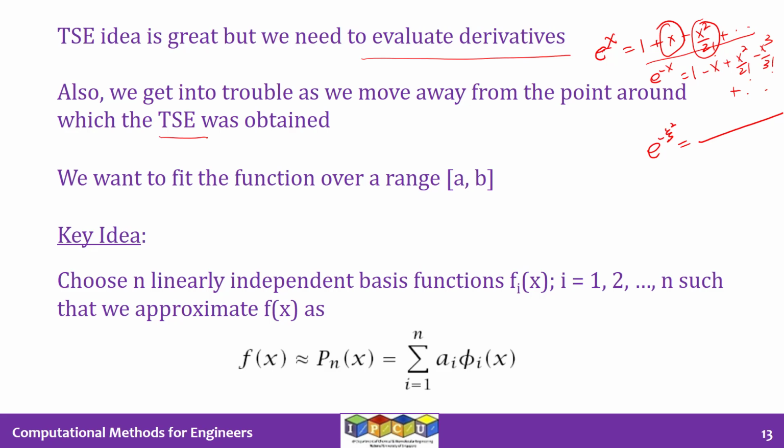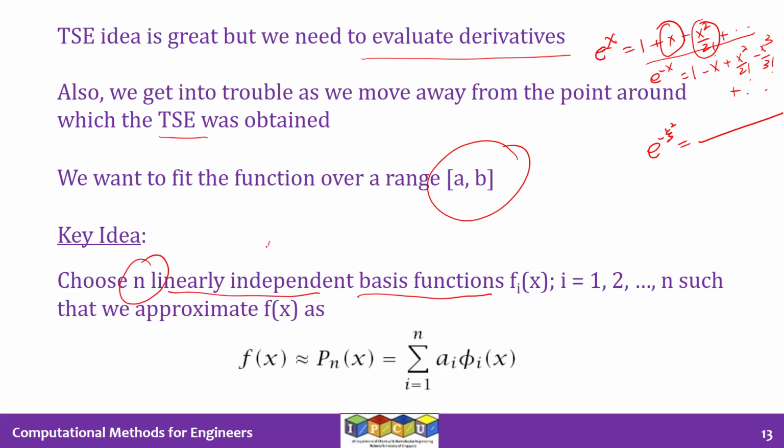However, in engineering applications, we want to have functional approximations that are valid over a range of values. Let's say I want this function to be good from x is equal to a to x is equal to b. So how do we do that? The key idea there is to work with what are called independent basis functions. And we can choose n of them. They should be linearly independent as well.